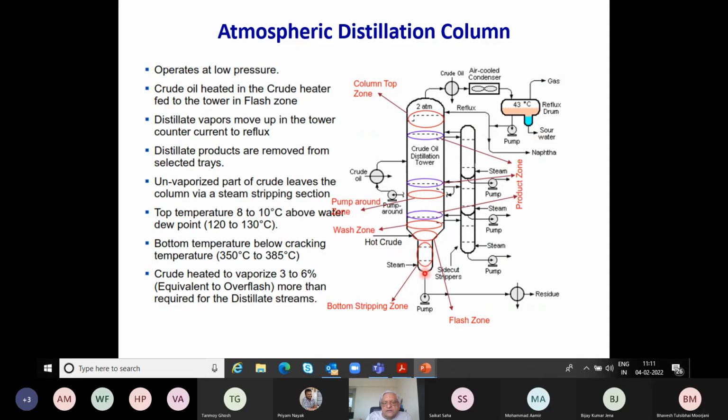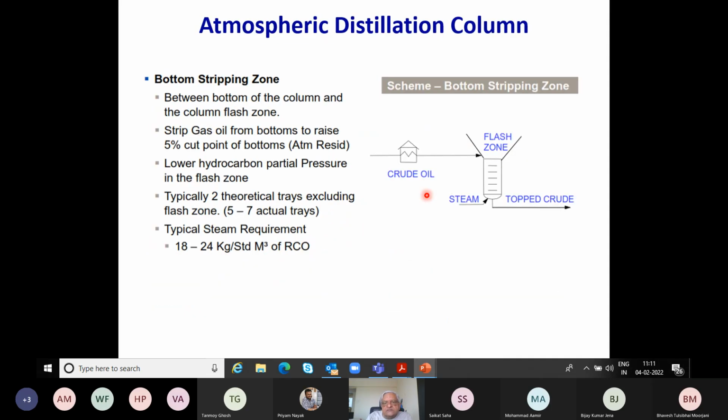And then, to get into the details of each of these sections in the crude column, at the bottom is the bottom stripping zone. The crude oil comes here and it flashes and the residue drops off. That is the atmospheric residue, or what we call long residue, and that gets stripped by steam.